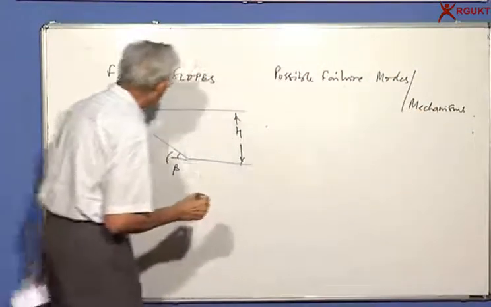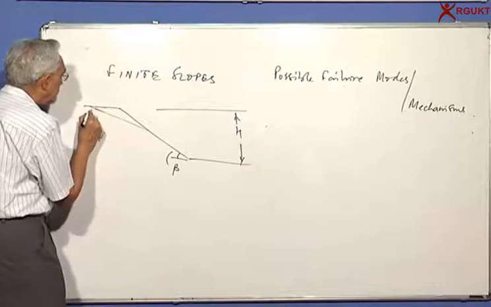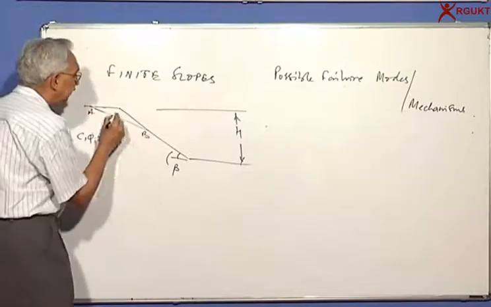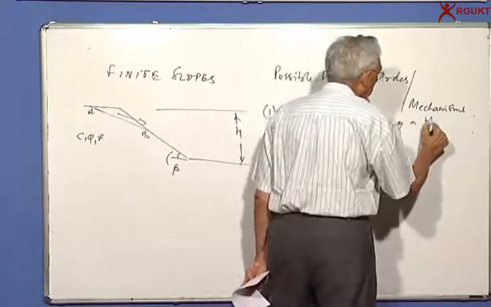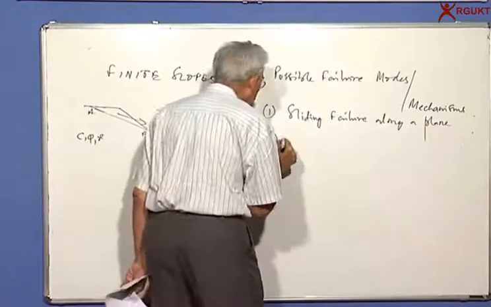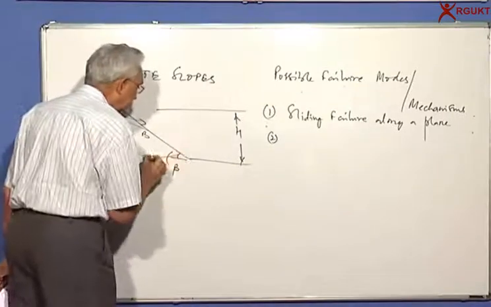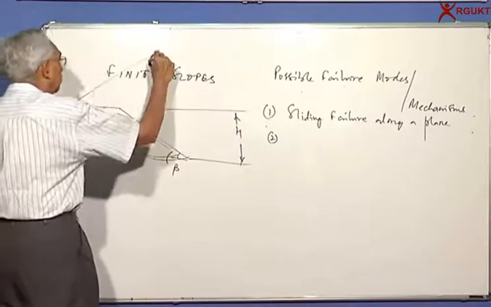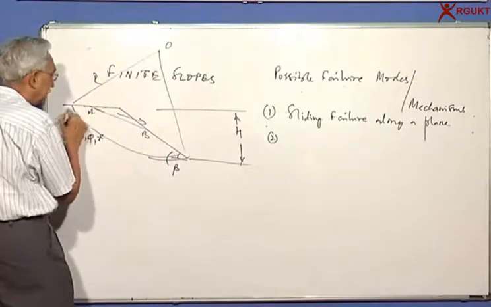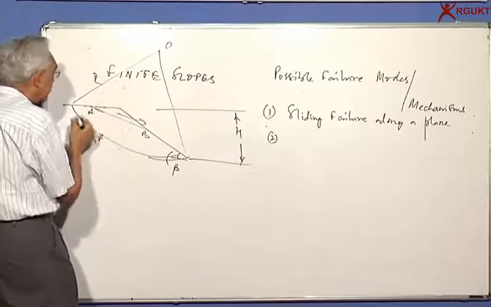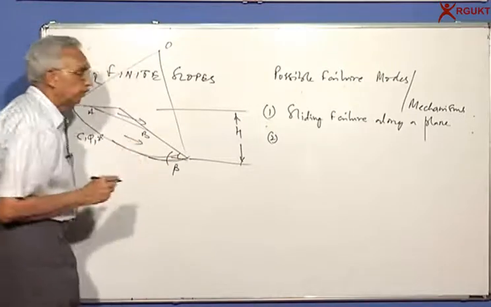First, it can fail along a line, plane here, AB. So that could be a sliding failure along a plane. Second, you can have a circular arc of failure passing the toe. This is the center O with radius R. So you can say there's an arc of a circle and the soil here will try to rotate.